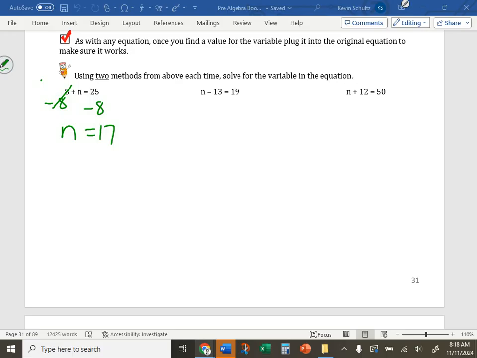I mean, you should be checking your work. You should be showing work, but I don't take points off if you don't. That being said, if all you write on a test for this one is n equals 18, which is wrong, right? 8 plus 18 is 26, not 25. And you got that because you mistyped your minus 8 or you tried to do it in your head and subtracted wrong.